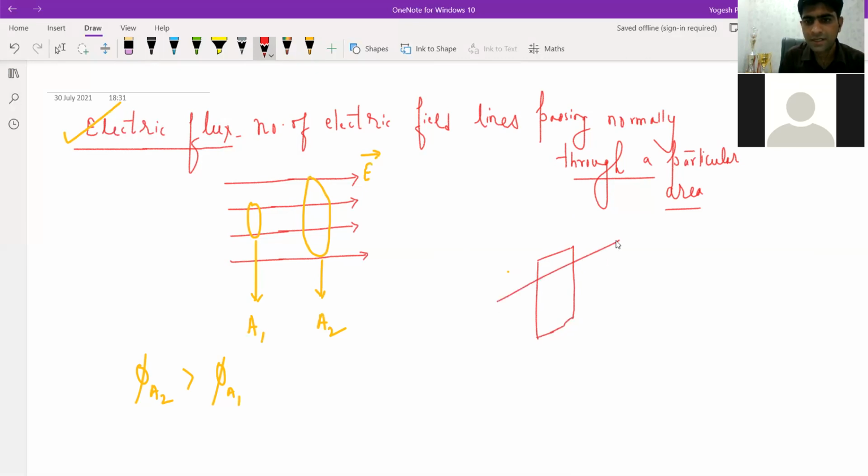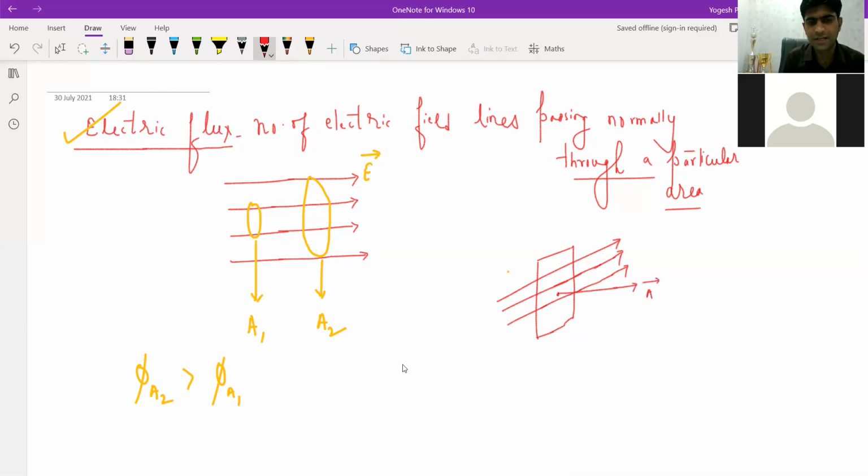And if the electric field lines are crossing like this, suppose this is the area vector for this particular surface. Now what is area vector?